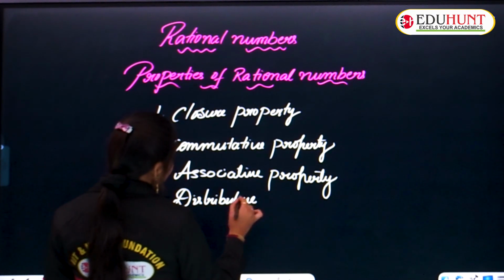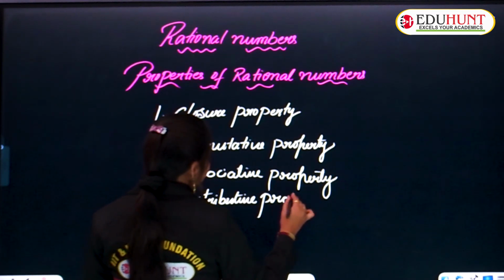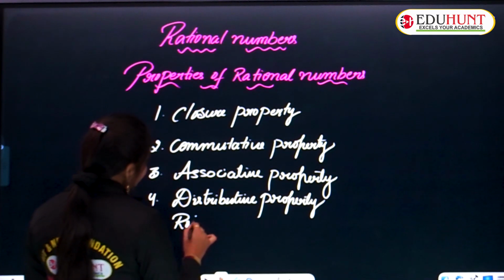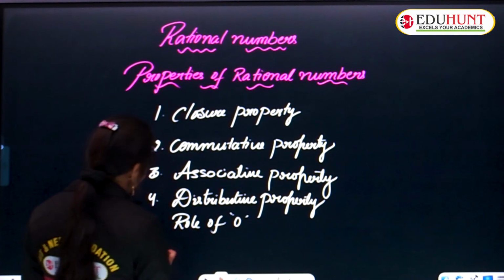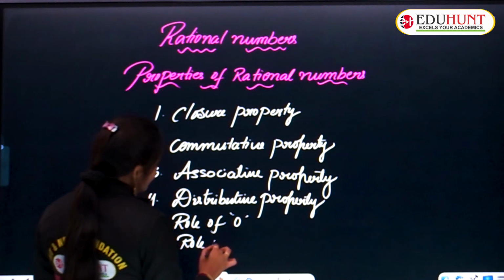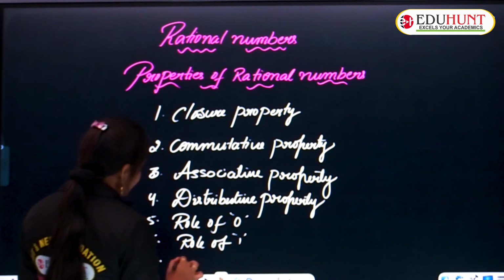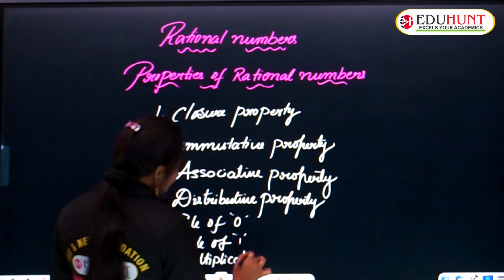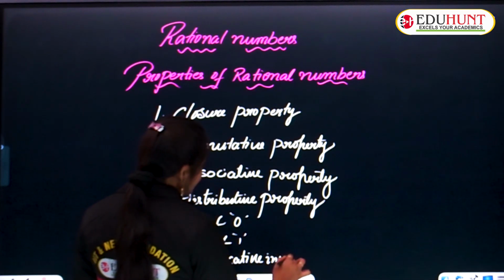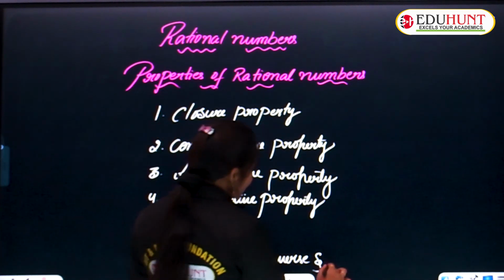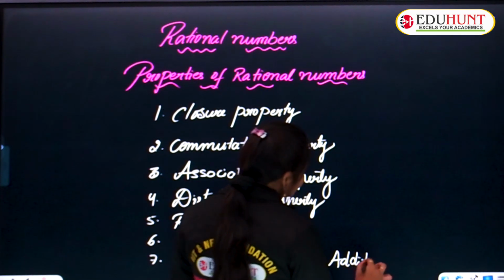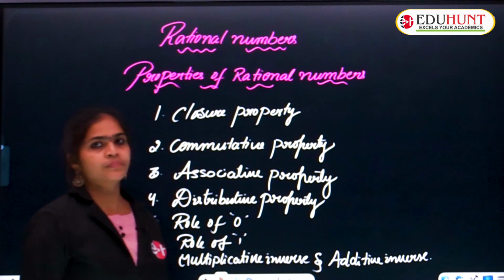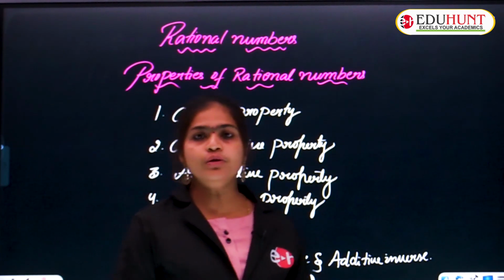Next property is role of 1 or role of 0. Next one multiplicative inverse, and in the same way additive inverse. These are the properties which are related to rational numbers.